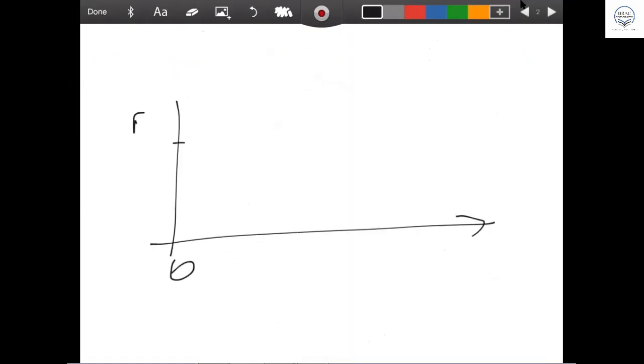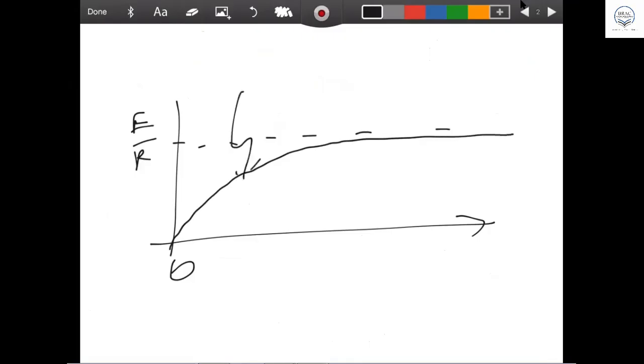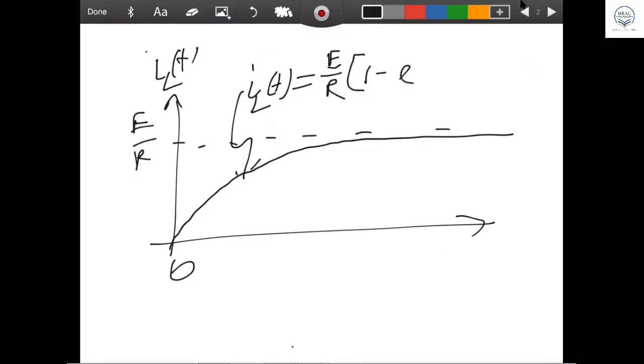And if we plot it, we have plotted it like this. It starts from 0, and E by R is the final value; it exponentially rises like that. This is the curve of the IL equation for this one. You can remember last class we have gone up to this, 1 minus e to the power minus R by L t.